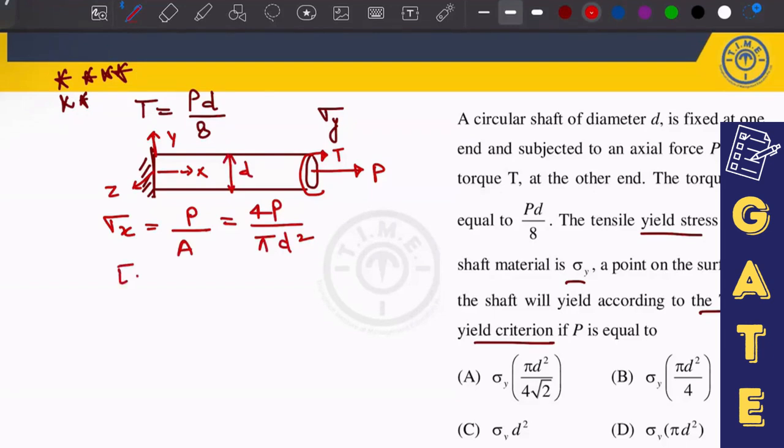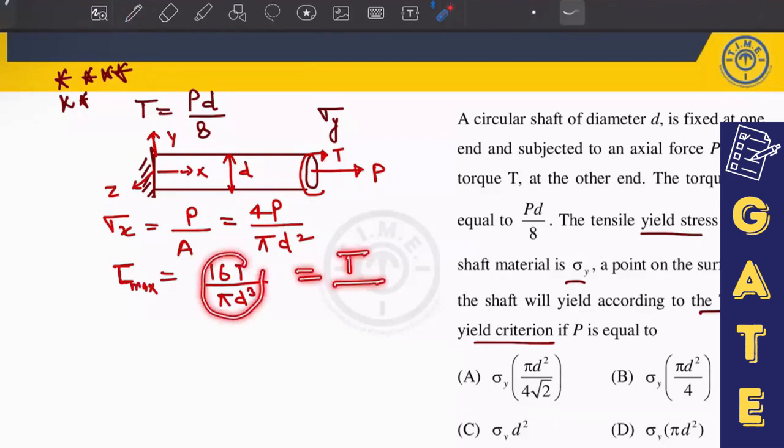Now you have to calculate the value of the shear stress. The shear stress is 16T by pi d cube, which is the maximum shear stress. Whenever a shaft or a rod is subjected to a torque, the maximum shear stress is 16T by pi d cube.